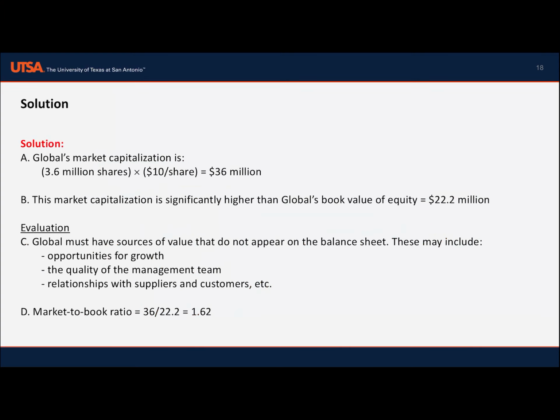Okay, solution for the first section. As you remember, we have 3.6 million shares multiplied by the share price.